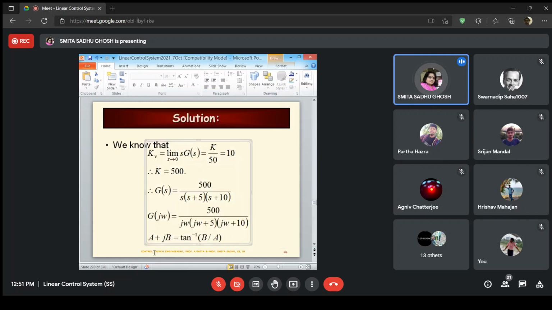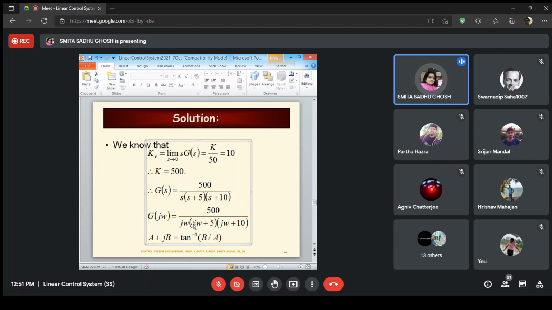The phase from this, not this, of course. I have not written all that. So the phase contribution from this, that is a plus jb, is tan inverse of b by a. Of course, you already knew that, just a bit rusted.